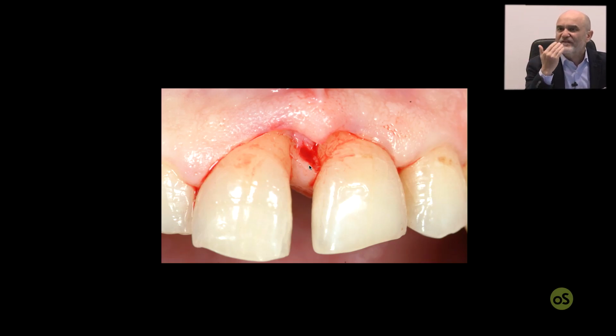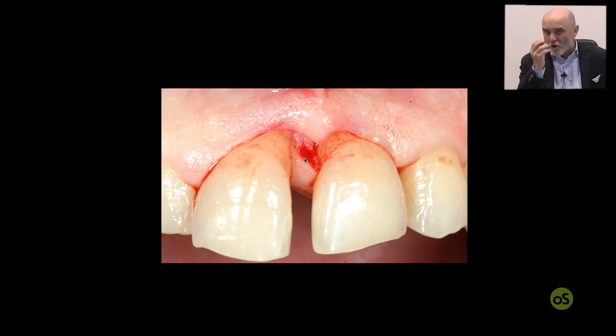Namely, to use a single flap approach, to open only the buccal flap and try to remove the granulation tissue from the defect without elevating the supracrestal soft tissue in the palatal direction. This is what Sandro Cortellini called MIST modified, which is the minimally invasive procedure being modified because we open only one flap.